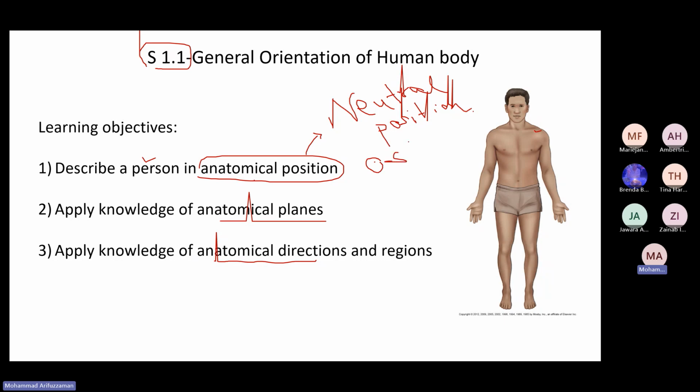This position is described as standing erect. And you can see the arms at the side.